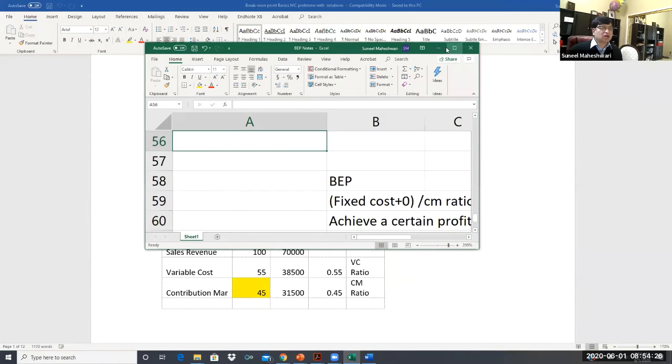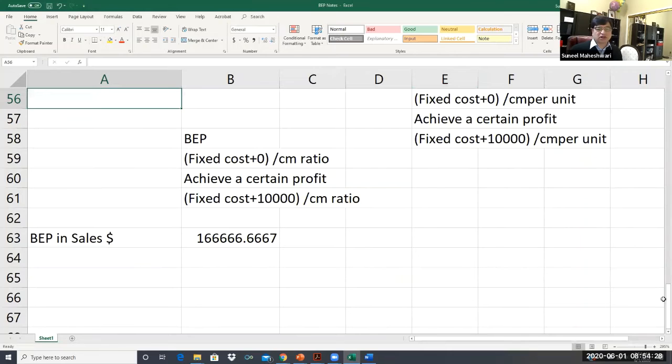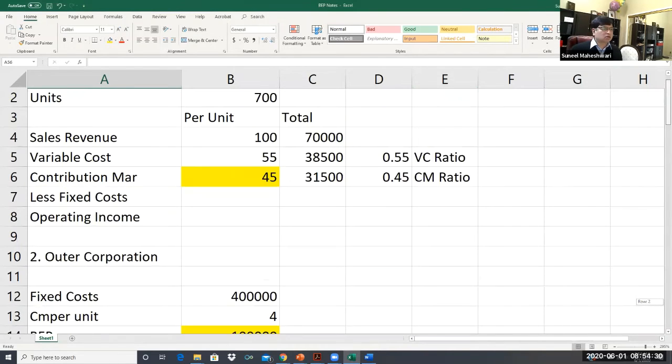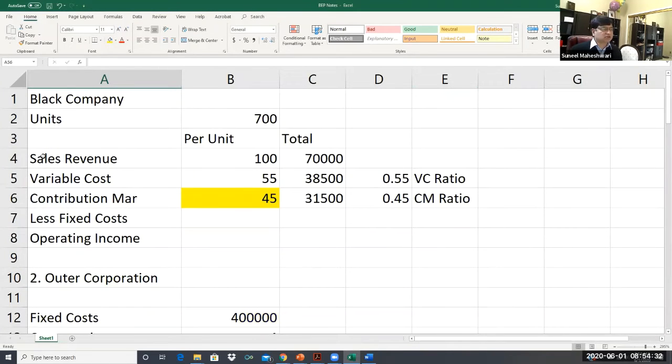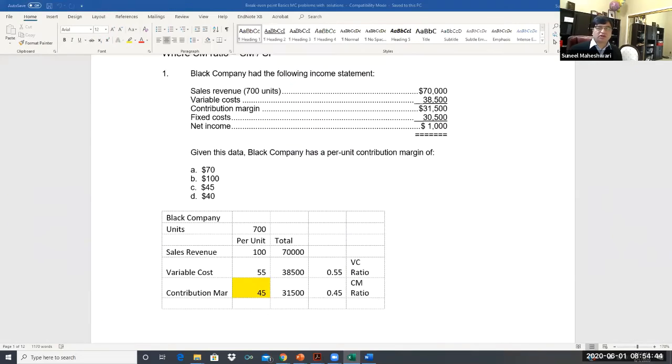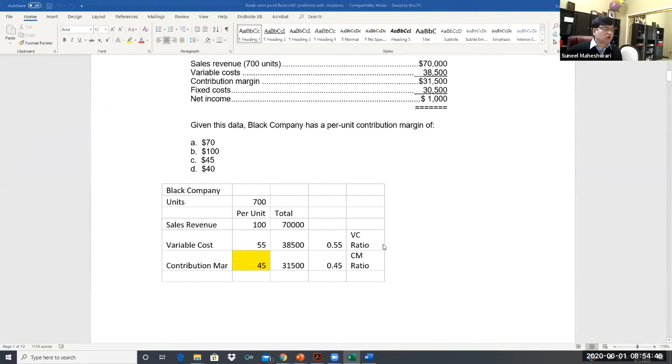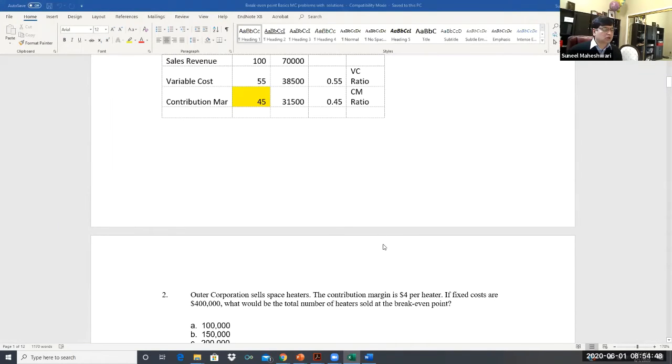It is very important that you understand this format. Sales minus variable cost gives you contribution margin, less fixed cost gives you operating income. Okay, I'm assuming everyone got that. Moving on to number 2, please.